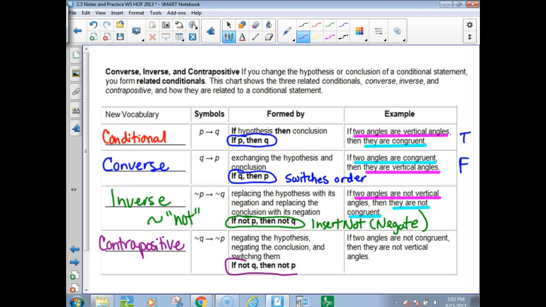So it's if not Q, then not P. If we were thinking about the order, you go to the original statement, you add in the word "not," and you switch the hypothesis and the conclusion. So we've got the conclusion at the beginning, and we've included the word "not." Should have put that on there. And then we switched that with the hypothesis, but we also added "not" in that hypothesis.